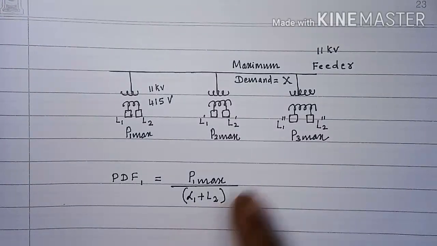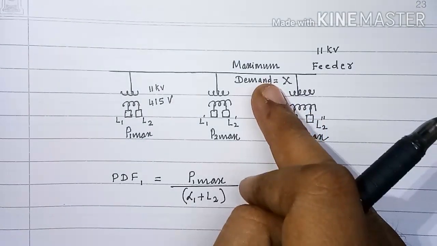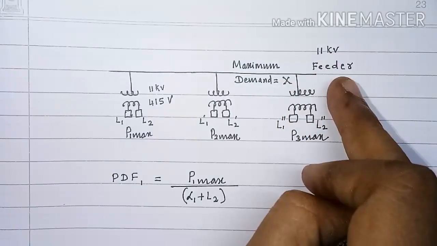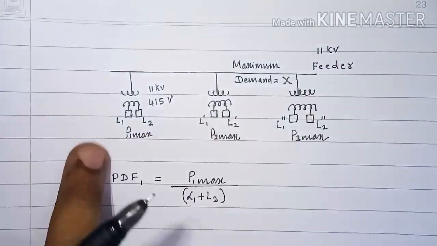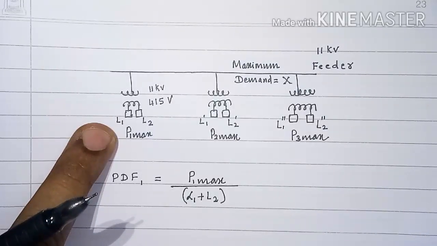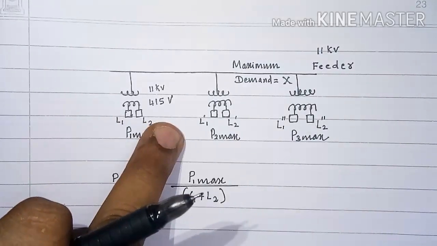It means that when there is maximum demand of X kilowatt on the 11 kV feeder, then group 1 consumers are consuming a power of L1 plus L2.